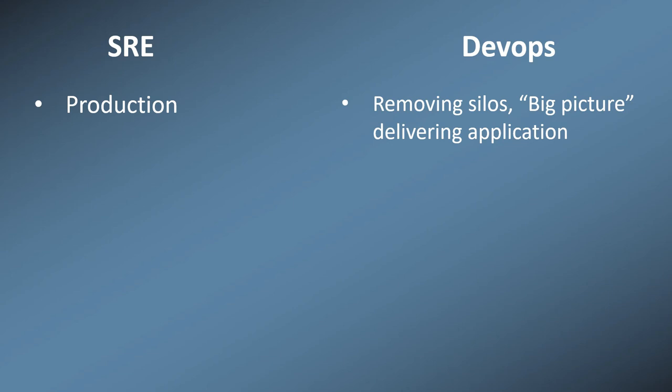SREs on the other hand are mostly limited to production. In most cases, SREs don't care that much what is happening in staging, in integration, what is happening throughout the life cycle of applications. They care only about whether production is running and running well.